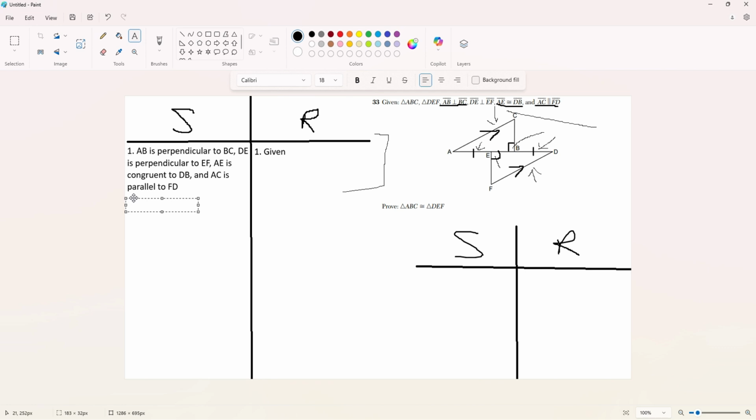Alright, so number 2. First of all, since AB and BC are perpendicular, they create a 90-degree angle. Likewise with segment DE and segment EF. So we find that the measure of angle B is equal to 90, and the measure of angle E is also equal to 90.